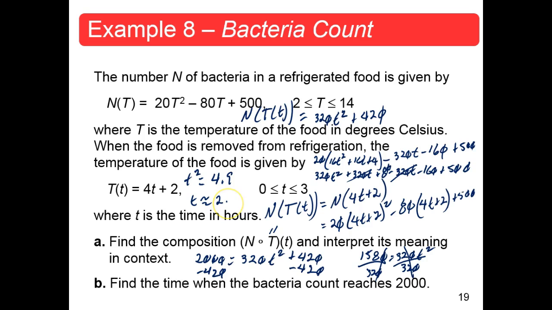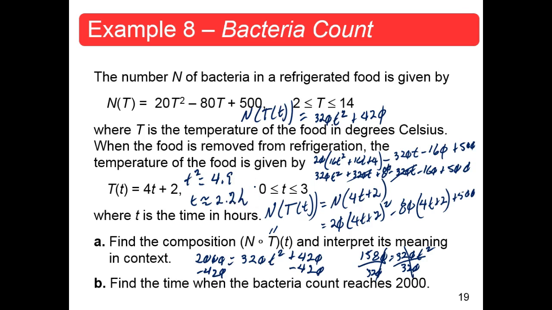Anyone have a calculator? Square root of 4.9. Nobody has a calculator? Two point something. Okay, we'll look in the book. They probably have the answer there. About 2.2 hours.